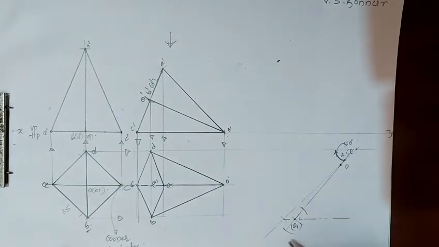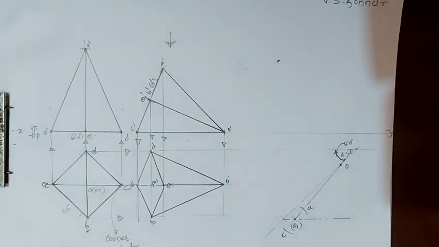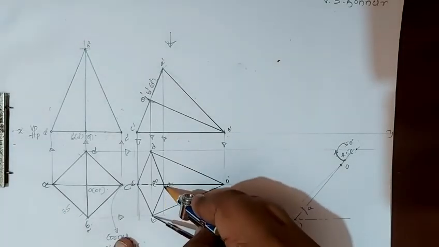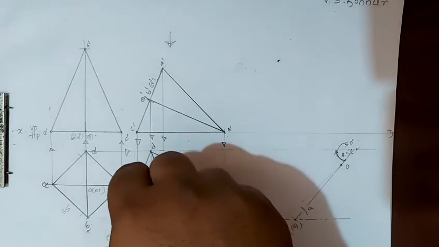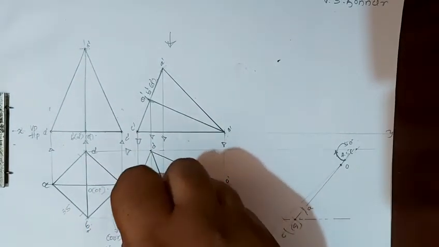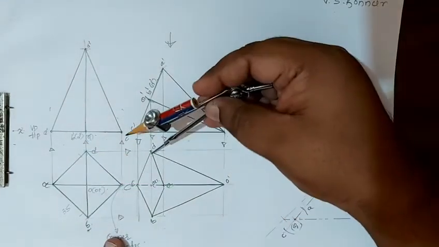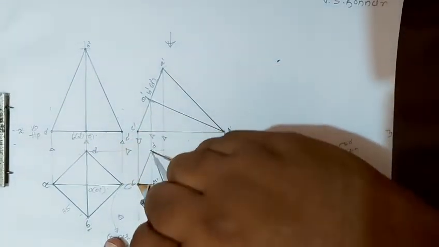Here we'll get C point, here we'll get A point, and then by knowing the other 2 points you can construct. OA distance I have taken, or you can take OC distance, right? So both the distances are the same on either side.